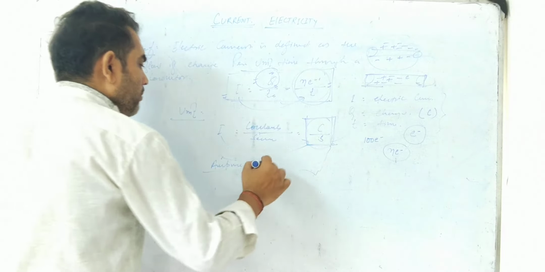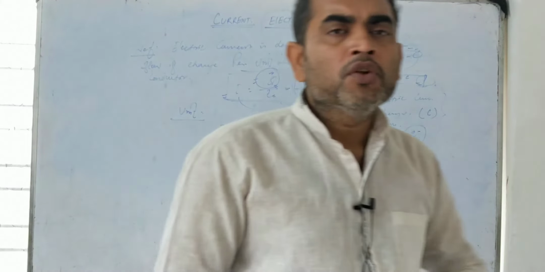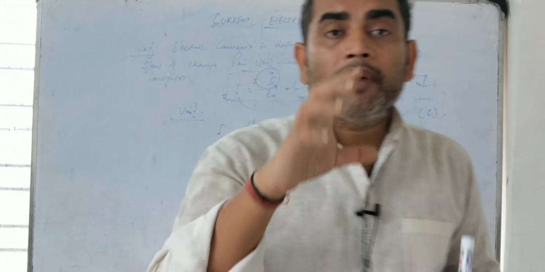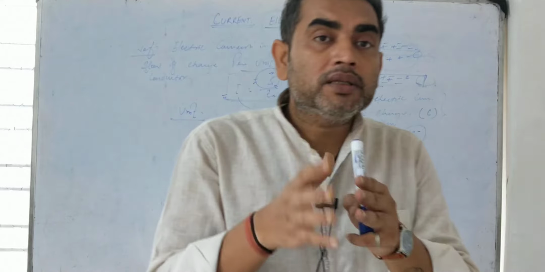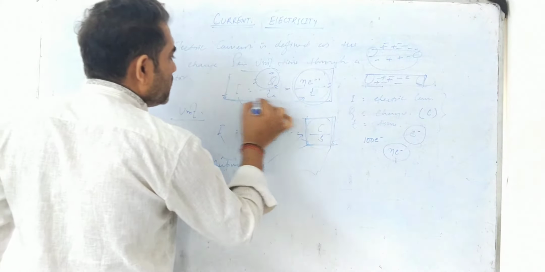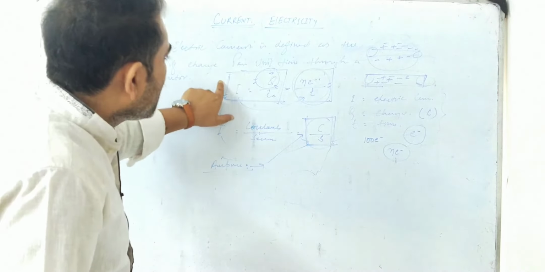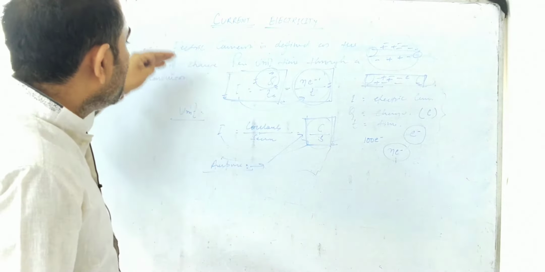You will get all the definitions, all the terms, each and everything from your mathematical representation, if it is represented properly. So suppose you remember only this one, I equals to Q by T, you will be able to give each and every basic answer related to the electric current.